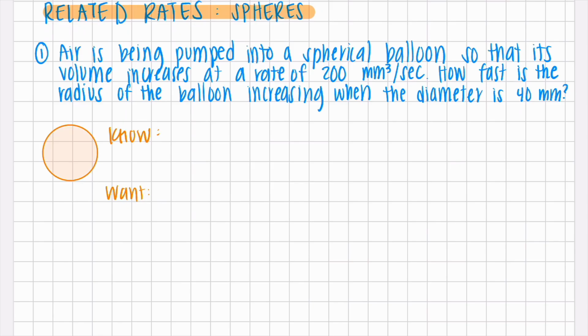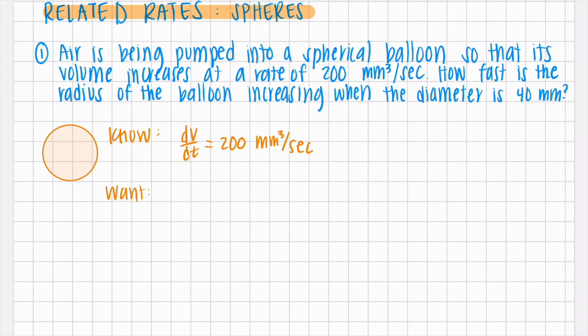We know that the volume of the sphere is increasing at a rate of 200 millimeters cubed per second. So dV/dt, because my volume is increasing at a rate over time, is 200 millimeters cubed per second. I'm making the 200 positive because my volume is increasing. If my volume were decreasing, I would make that 200 negative.